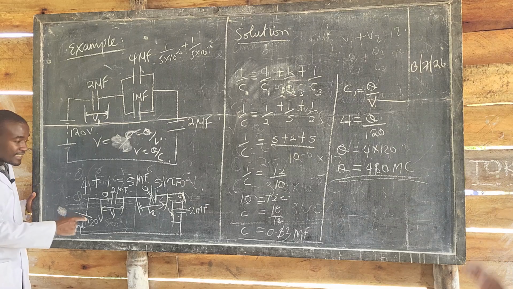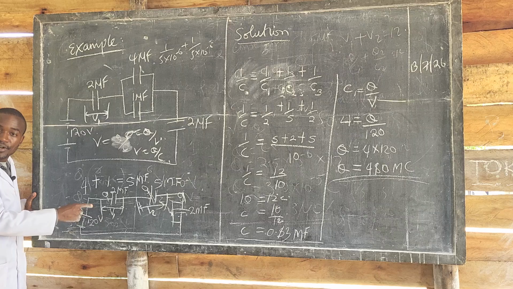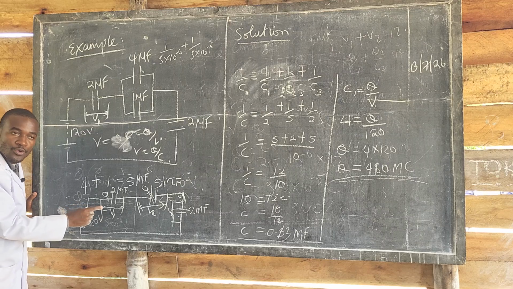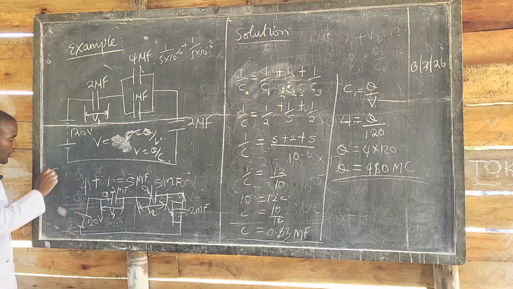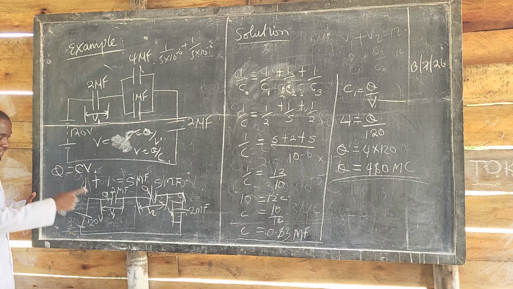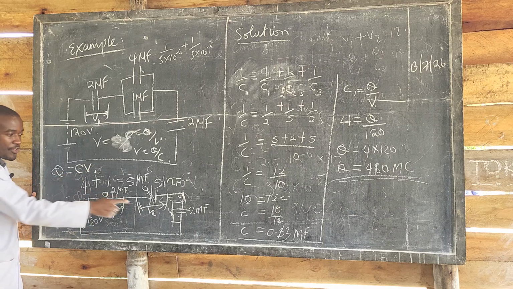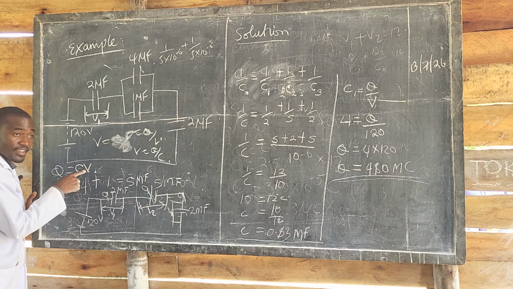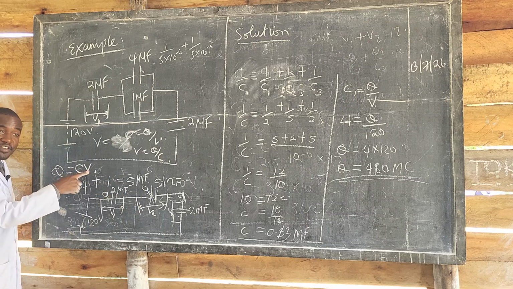Then you get this Q, which is on these 3. When you get that Q, it's the one you will use to get this V1. Are you getting the point? From Q equals CV, use this Q and the C you know to get this V1. Use the same thing: you have this C and the Q, then you get V2.